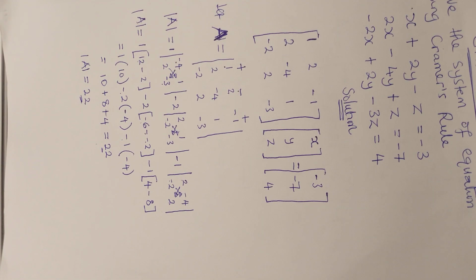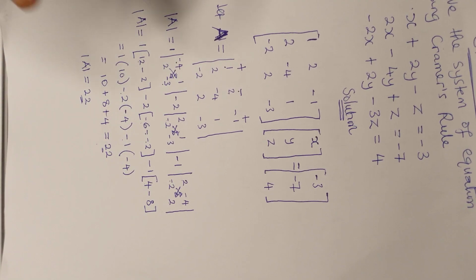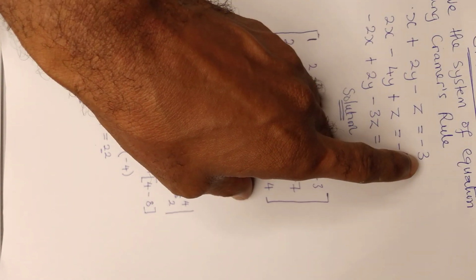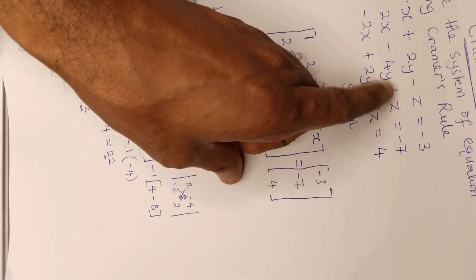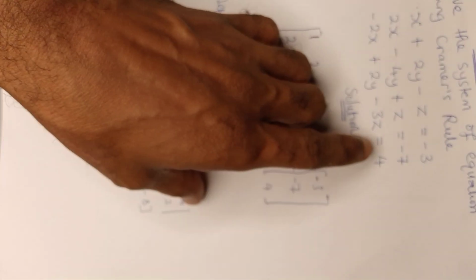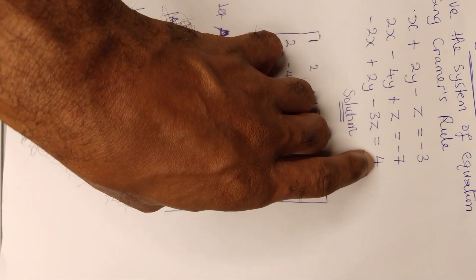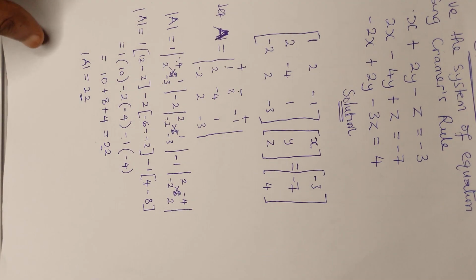So once you're done solving your question and you want to find out if you're correct, you slot in the values of your x, y, and z to find out if it will give you this answer here, or you can slot it in the second equation to find out if it will give you the same answer here, or you can slot in the third equation to find out if it will give you the same answer here. So that's how to find out if you're correct.